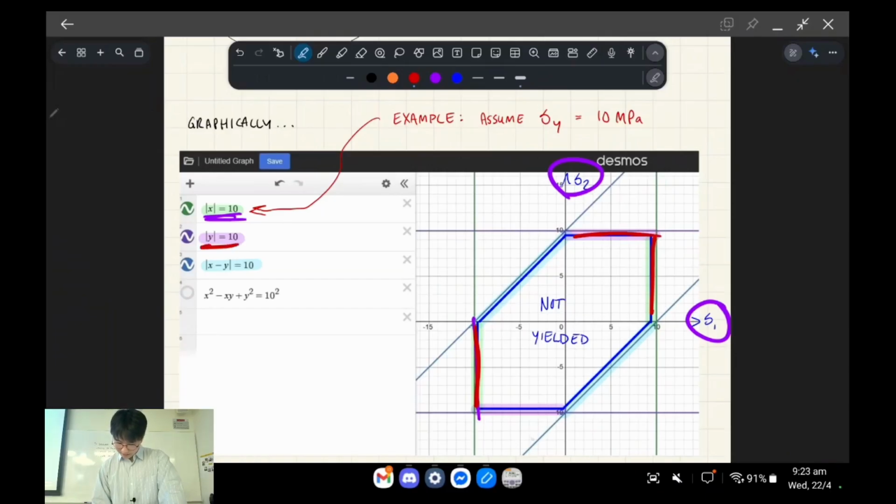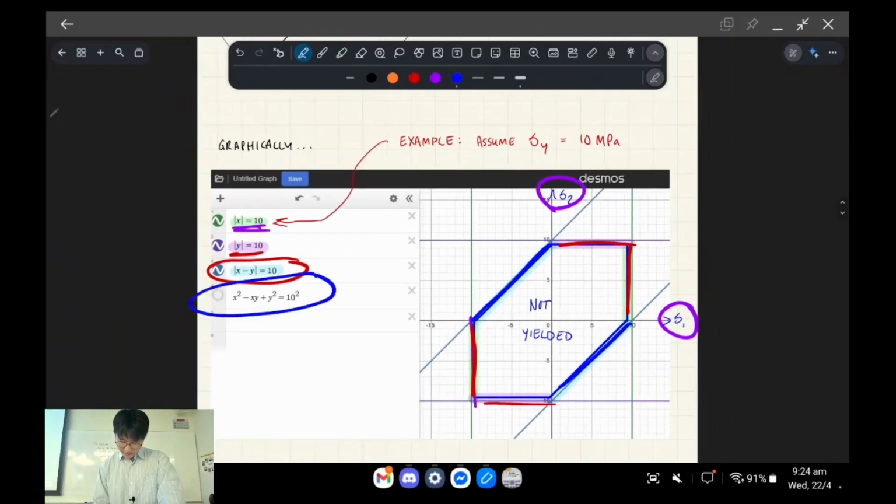The purple lines are like there and there, so it's reflected from the x-axis, x-intercept. And then the blue line's that one. This one's the other one that I'm going to talk about later.